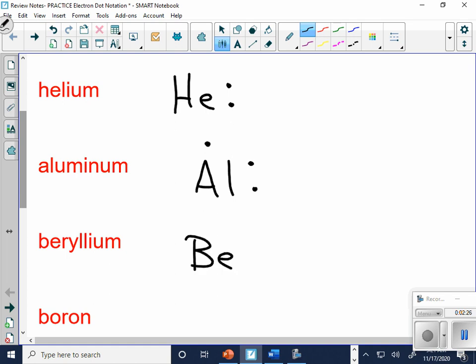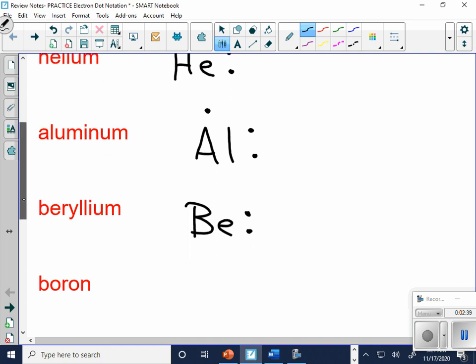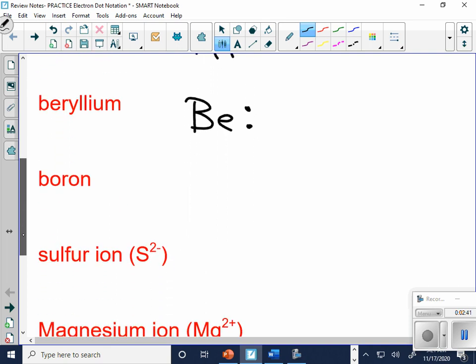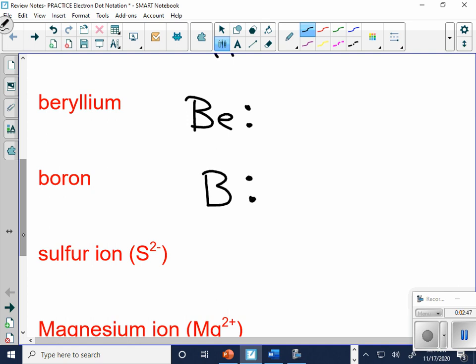How many valence electrons? 2 valence electrons. 1 spot, 2 spot. Boron, Michelle, how many valence? 3. So I have the 1 spot, the 2 spot, and the 3 spot.